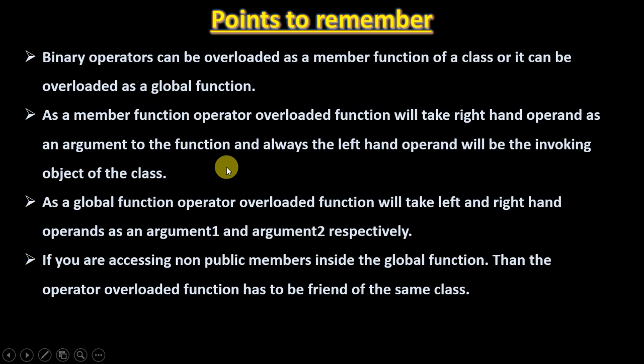For example, if you have obj1 plus obj2 as a member function, obj2 will be the argument to your operator function, and obj1 will be the invoking object of that function. When you are overloading it as a global function, both the operands will become arguments to your operator plus function.